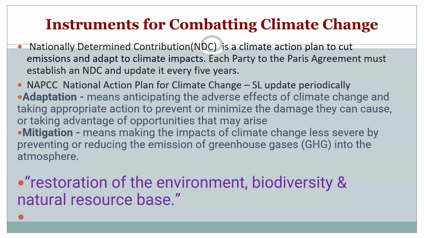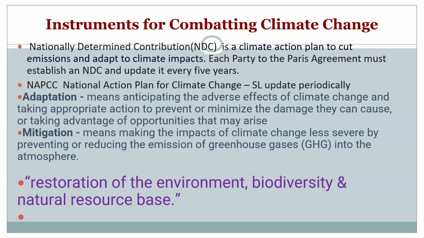Restoration of the environment, biodiversity, and natural resource base. Those are the key mitigation efforts. We restore the environment. For example, we refrain from expanding built environment. If you expand built environment, there will be heat islands.